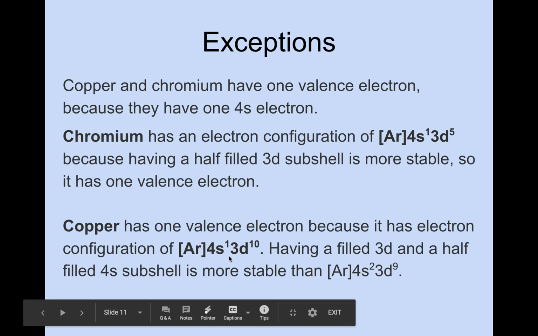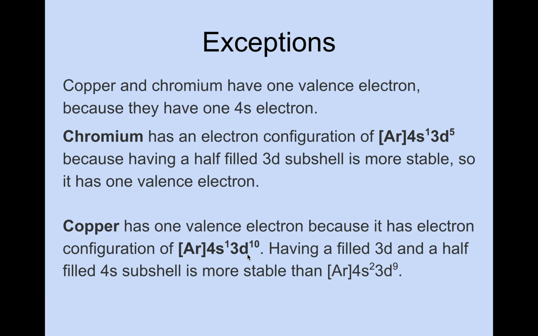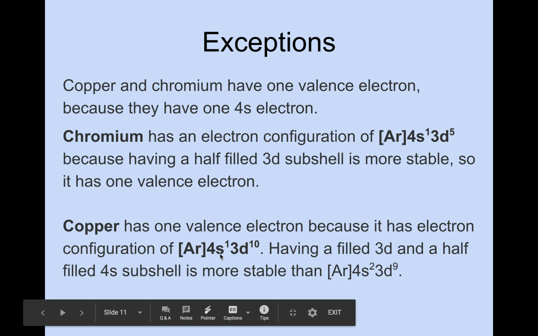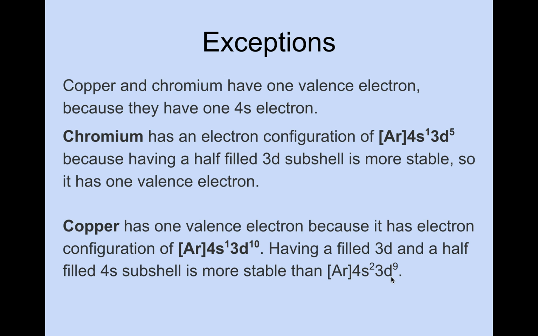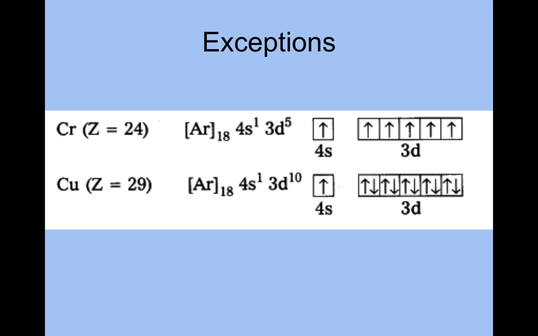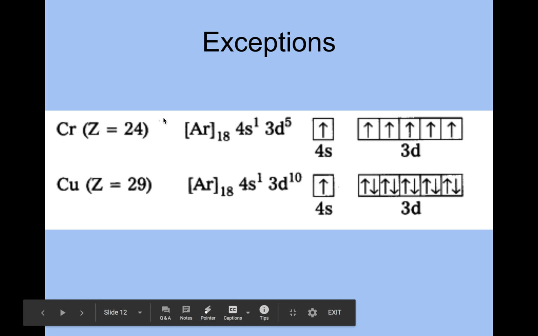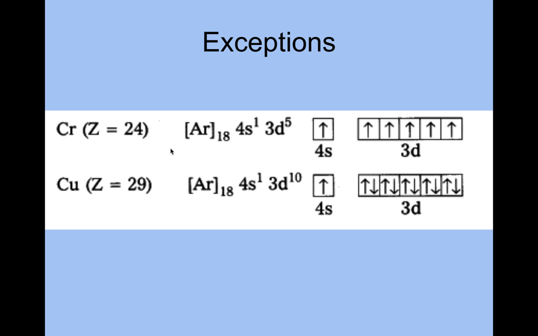It's more stable to completely fill the d sublevel than to leave the s sublevel full and then the d sublevel only partially full. Let's look at some orbital diagrams to better understand this. So chromium has an atomic number of 24, that's what Z equals.